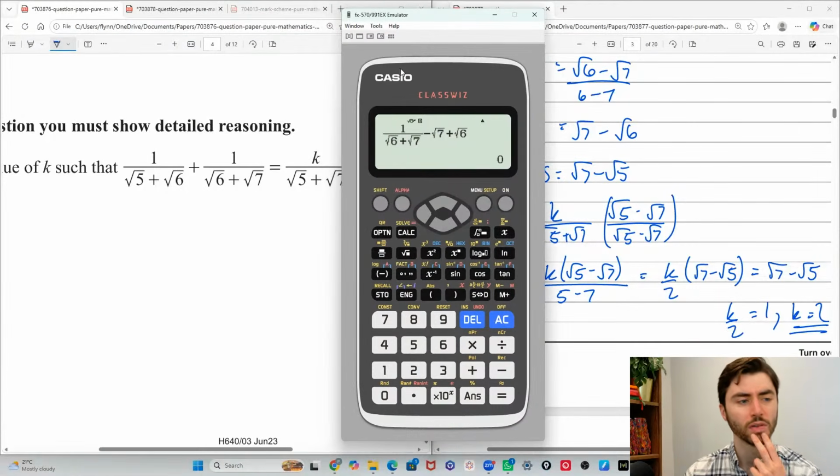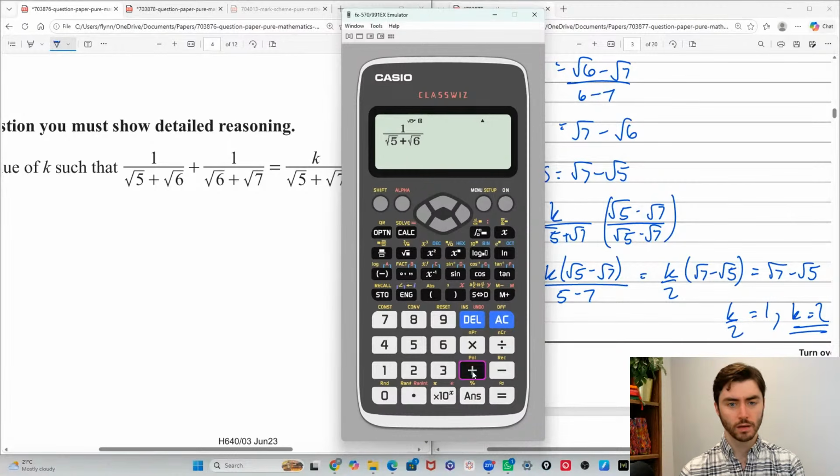Did I get this wrong? Hold on a minute. 1 over root 5 plus root 6. Maybe a plus? Maybe I just mistyped. I don't see how I did this wrong.